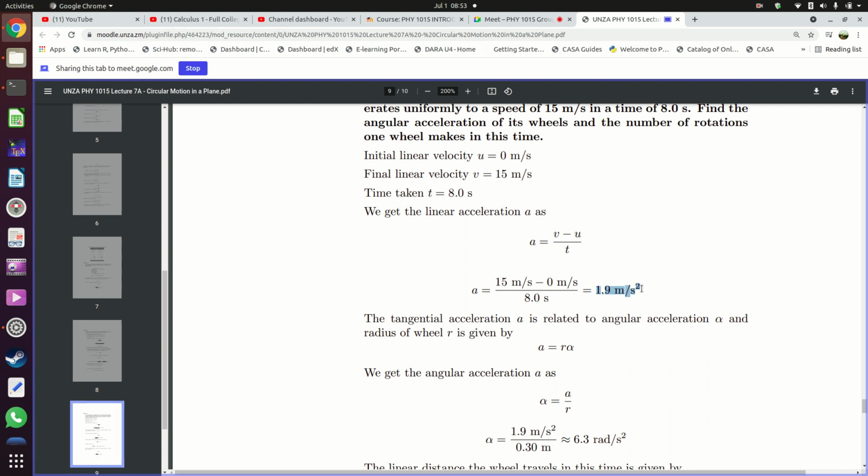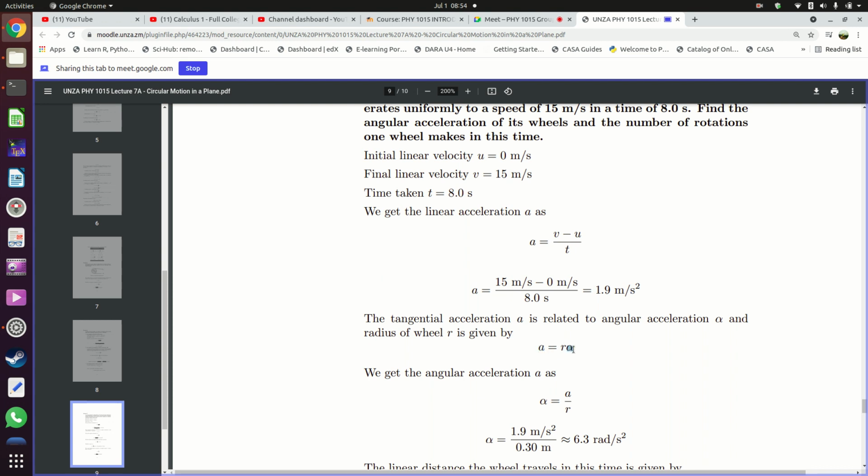So this part is straightforward. The acceleration you found is the acceleration of the car in a straight line. What you are being asked to find is the angular acceleration of the wheels, because for this to happen, the wheels have to turn faster and faster. So we have the relationship: linear acceleration a is equal to r multiplied by angular acceleration.